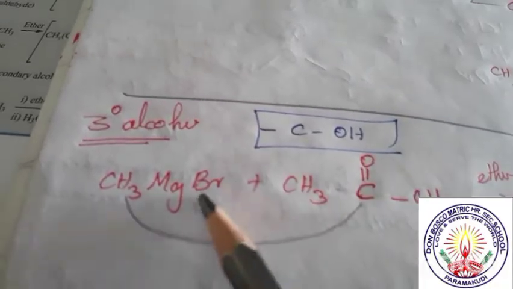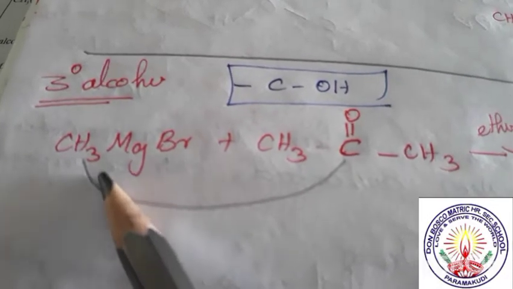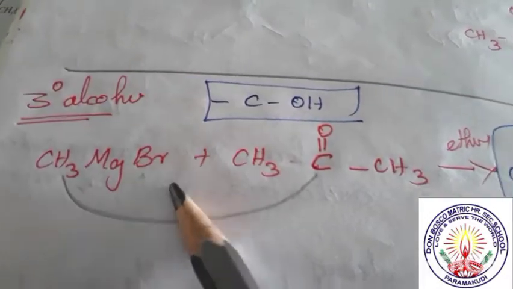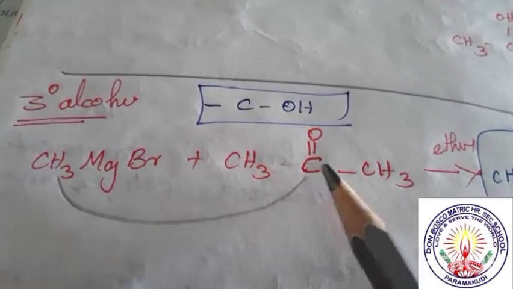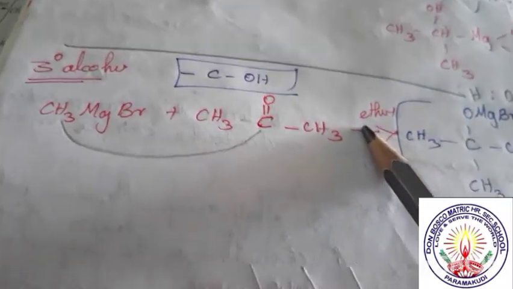The third one is tertiary alcohol. See here, this is our secondary alcohol, these are two CH3 R groups, and this one is tertiary alcohol. In the same way, CH3 MgBr with CH3 C double bond O CH3, this is taking place in ether medium.